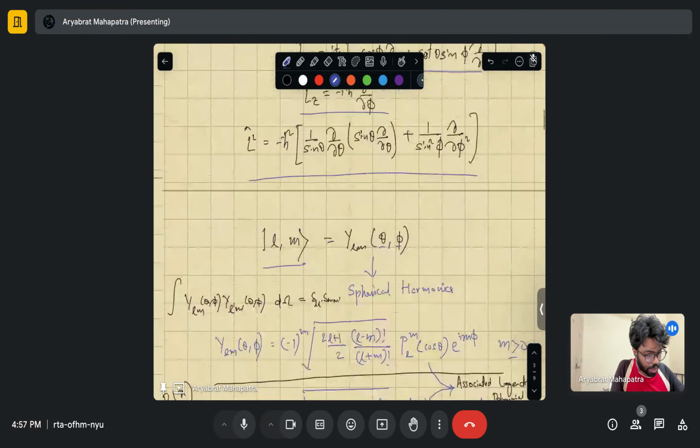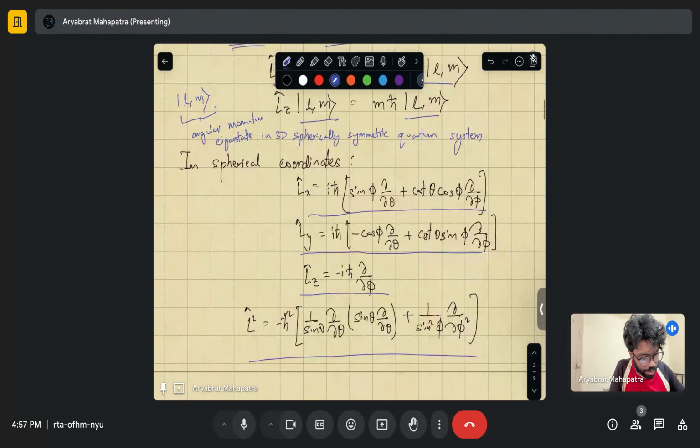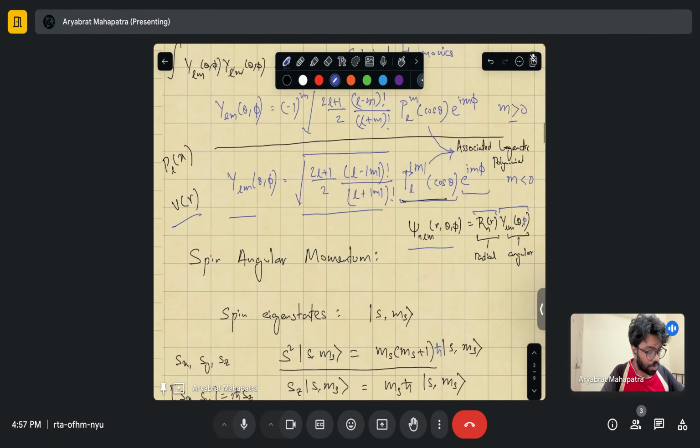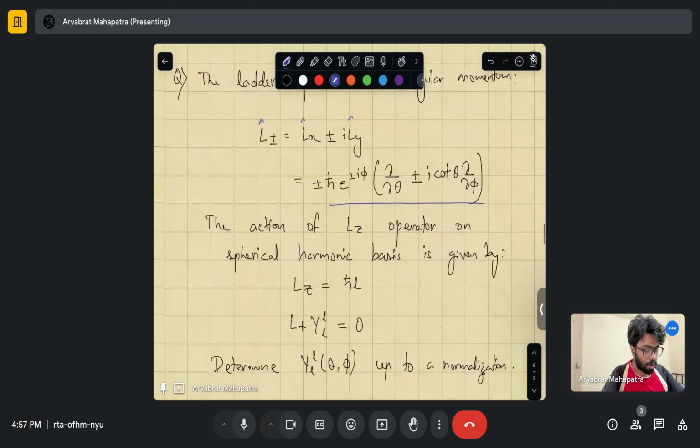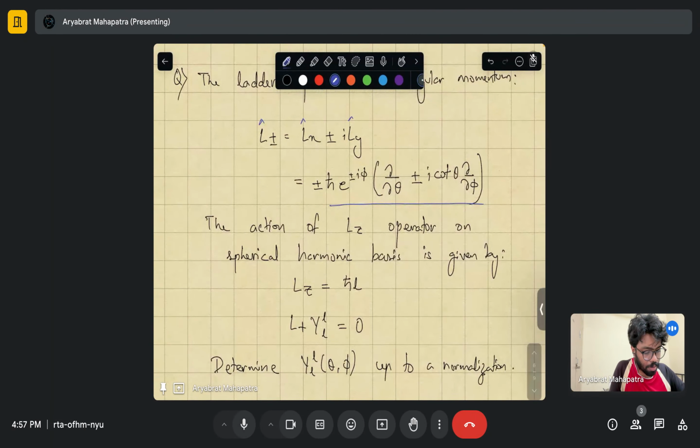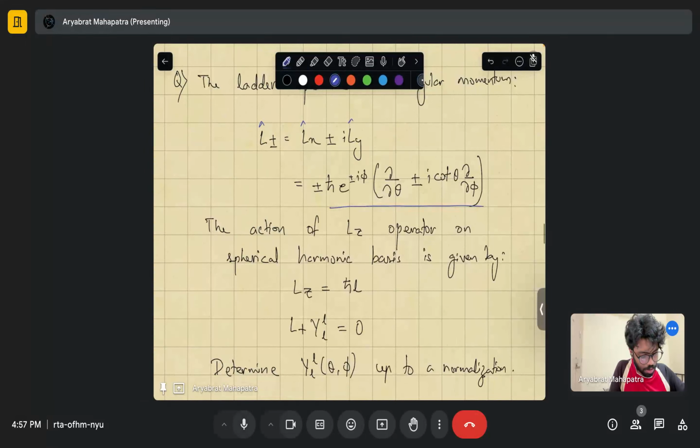At the beginning I showed you Lx, Ly and Lz. We know L plus is Lx plus i times Ly, so you can use this form of Lx and Ly in terms of theta and phi. When you do a little bit of this small algebra, you will get the final form of L plus, or L minus.